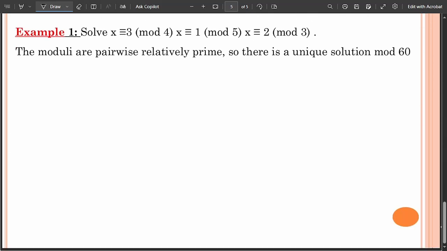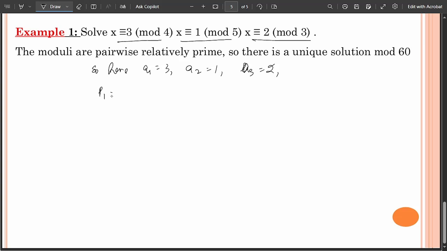Now we have another example. Here x is congruent to 3 modulo 4, x is congruent to 1 modulo 5, and x is congruent to 2 modulo 3. So here a1 is 3, a2 is 1, and a3 is 2. Now we have to find p1.